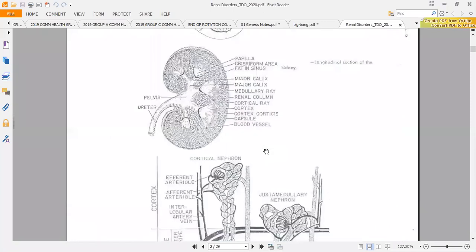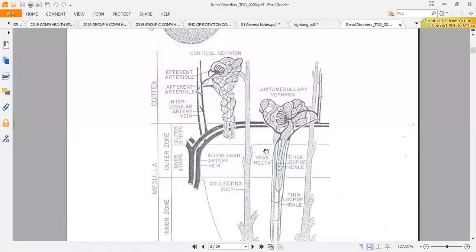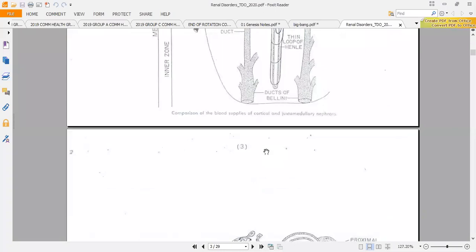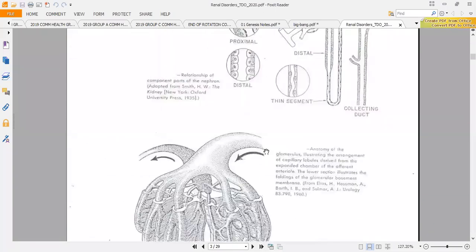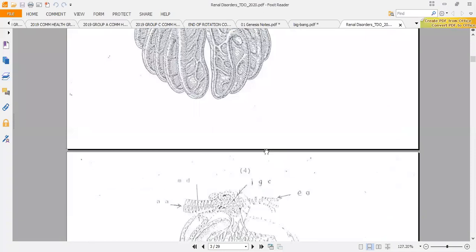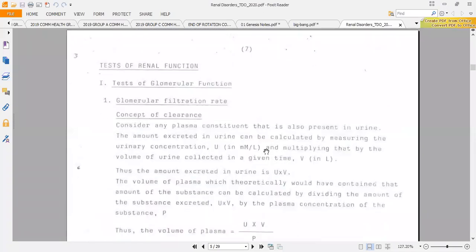I'm sure we all know the anatomy and the histology of the kidney, so I'm not going to spend much time over there. Now, when you take the nephron, we can divide the nephron into three parts. We have the glomerulus, then the tubules, then the interstitium.